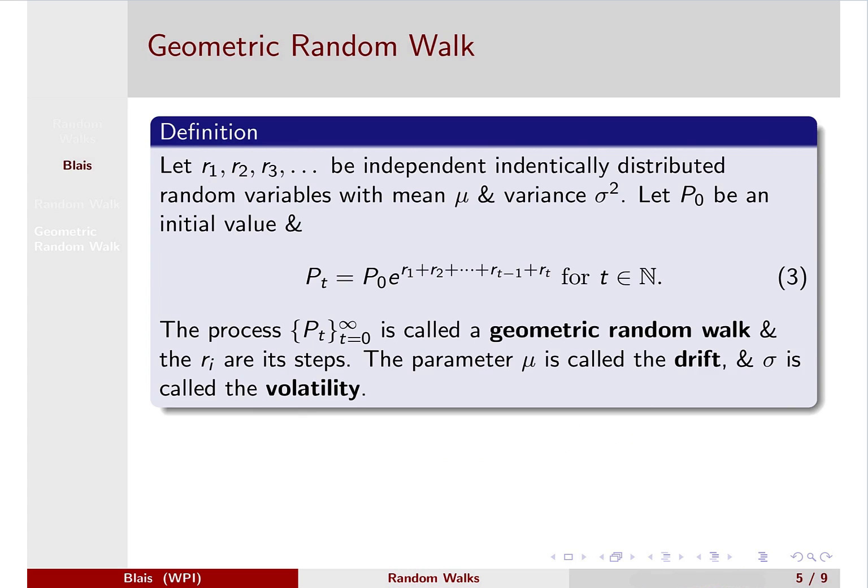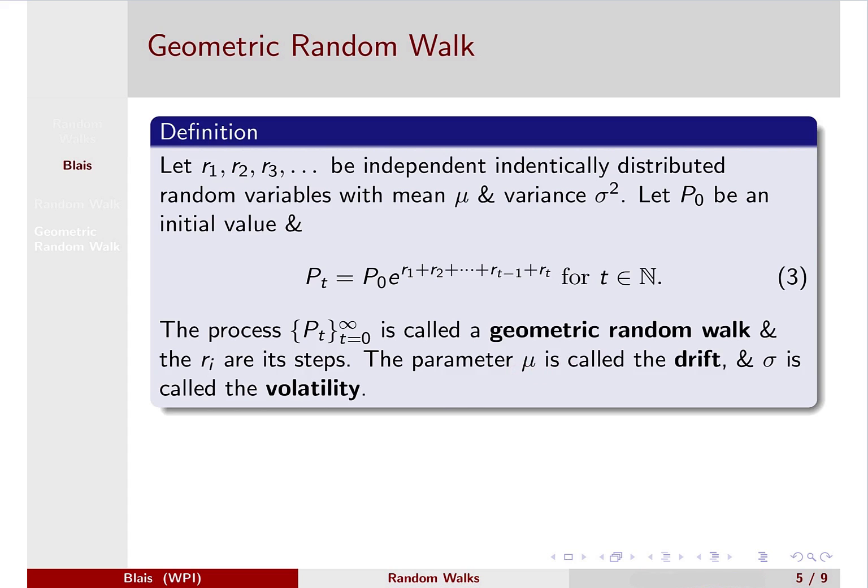And now let's write little r sub i for our IID random variables, our steps, with mean mu and variance sigma squared. And let P naught be an initial value. And we define this new type of random walk here as what we call a geometric random walk. So now we have P_t as P naught times e raised to the sum of those steps.